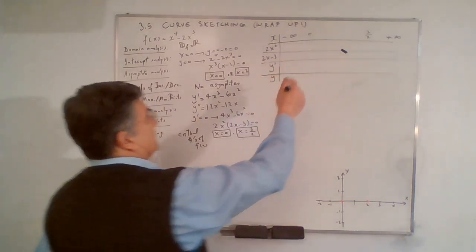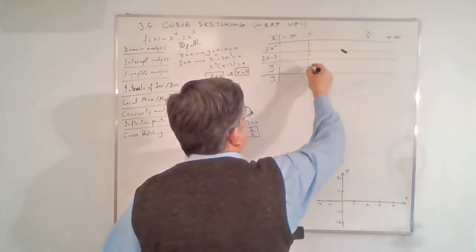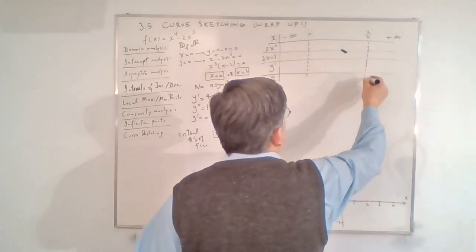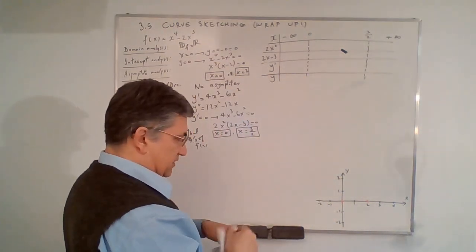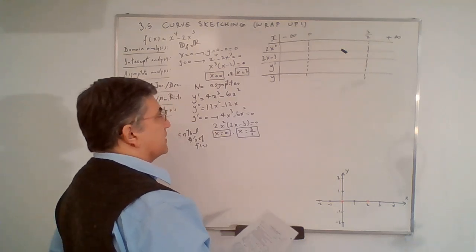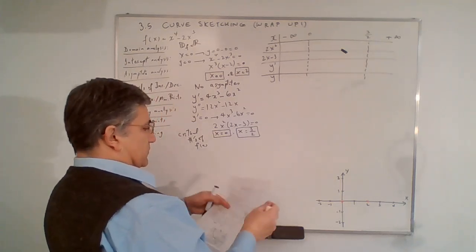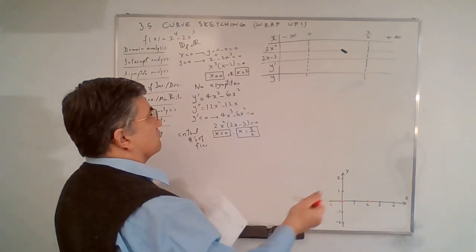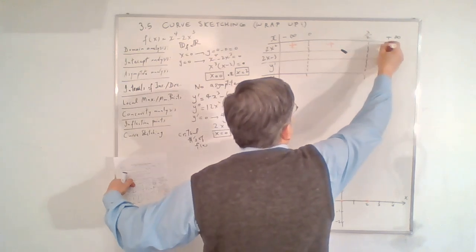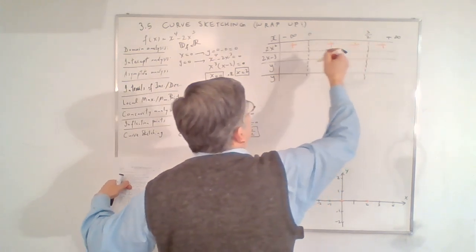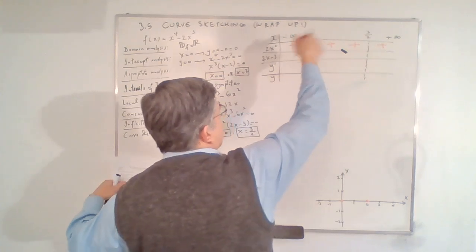So for now, let it be. So it's going to be like this and like that. 2x squared, you know that it's always positive, right? Because of the exponent of 2. So that's plus all the time. It's always plus. But then it's 0 at 0.